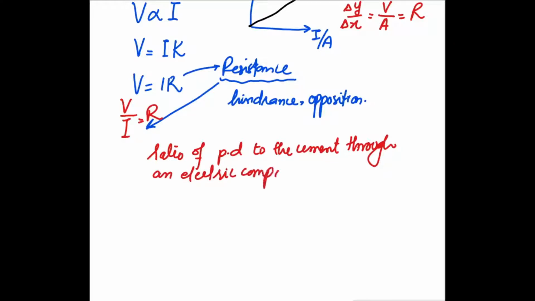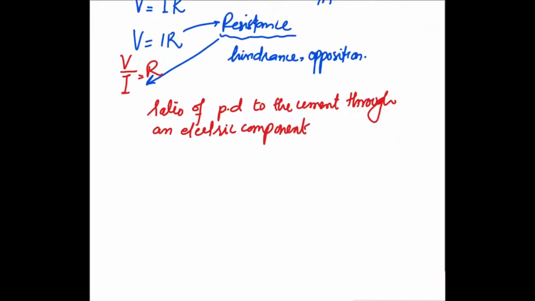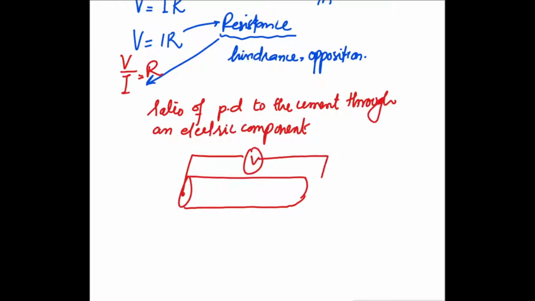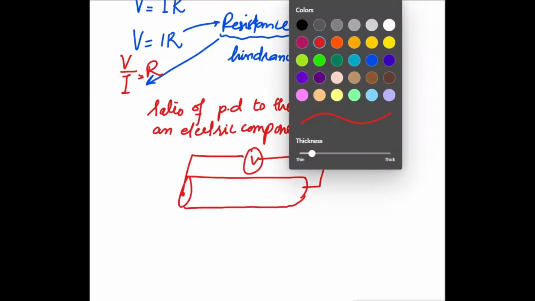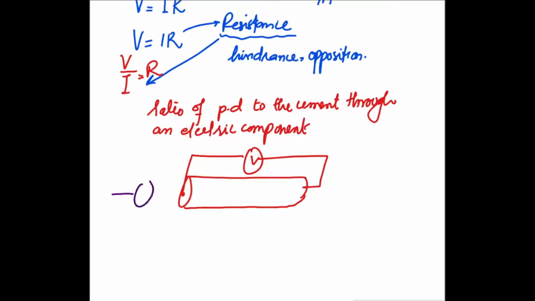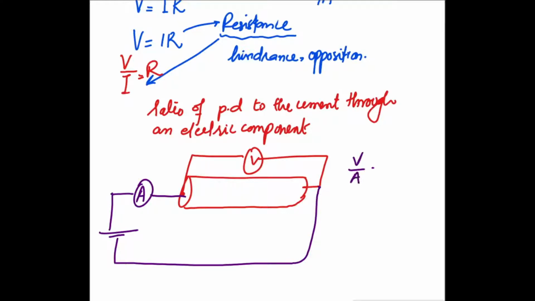So what they're trying to say is that even if this is a conductor, for example a simple piece of wire, if by any chance we connect in parallel a voltmeter to this wire, and in series we connect an ammeter to this wire, and then we provide a battery. So if I had the reading of both of these components from the voltmeter and the ammeter, and if I were to divide these two readings, then I would find out the resistance of the wire.